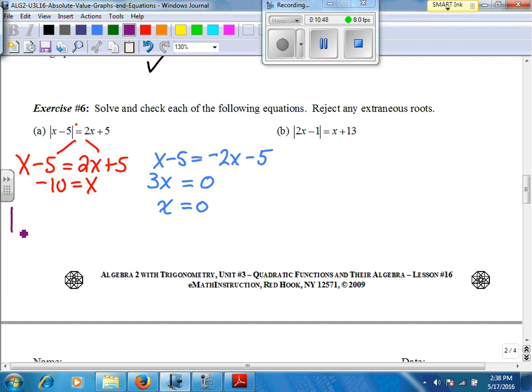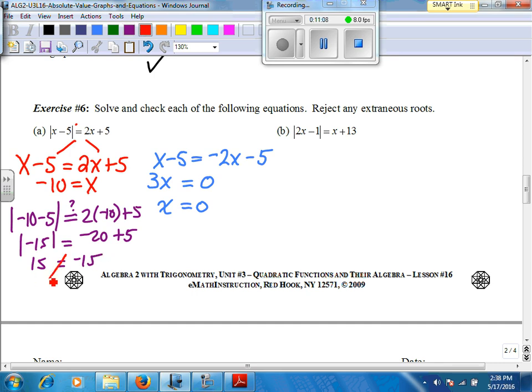So if I go back to the original equation, negative 10 minus 5 equals, maybe, 2 times negative 10 plus 5. So this would be absolute value of negative 15, which is 15. This would be negative 20 plus 5, which is negative 15. Well, positive 15 is not equal to negative 15, so this answer of negative 10 gets rejected.